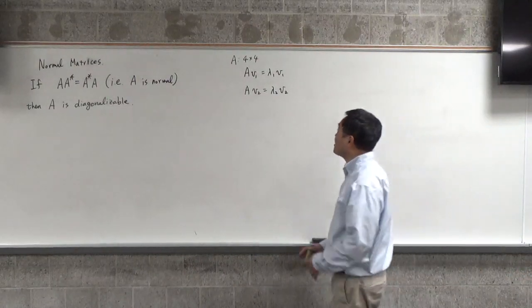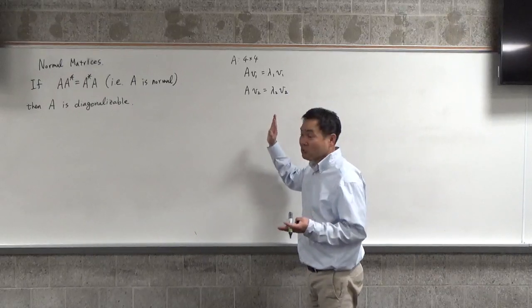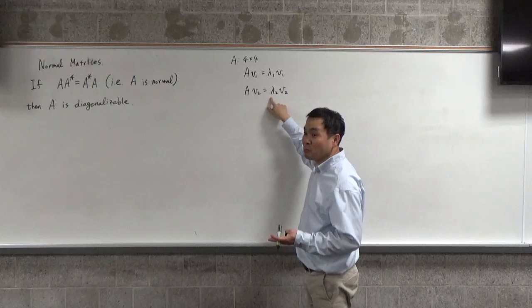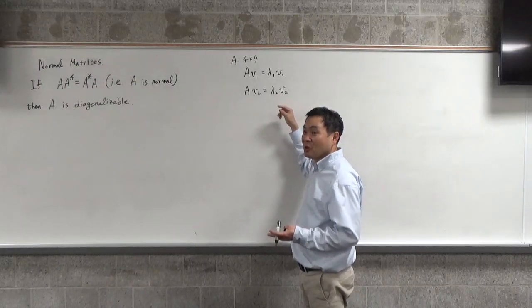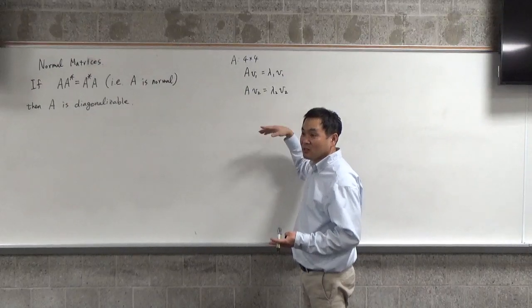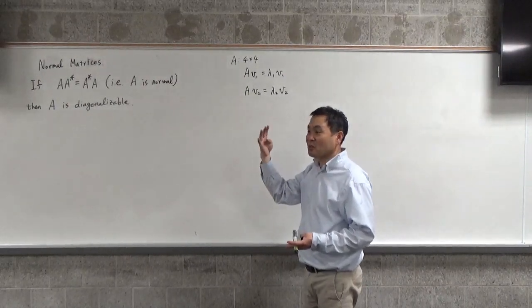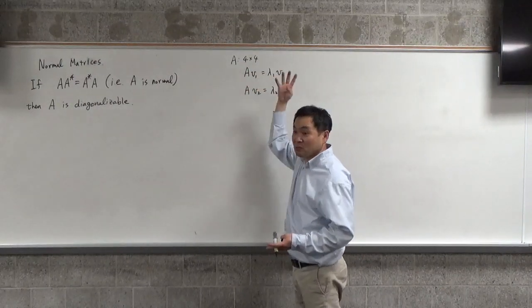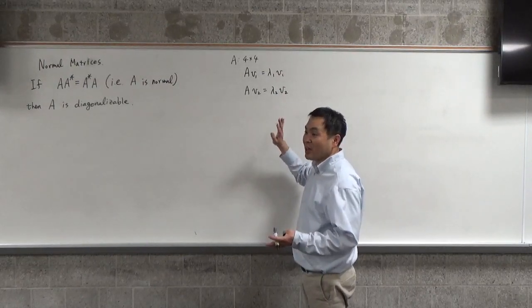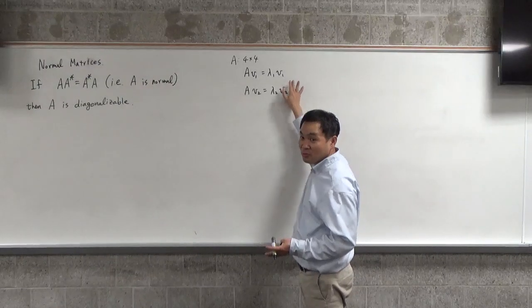But let's say A is not diagonalizable, so that lambda 2 is a repeated eigenvalue, which only has one eigenvector. You need 4 vectors to span a 4-dimensional vector space, but it turns out that you can't have any more eigenvectors other than these 2.